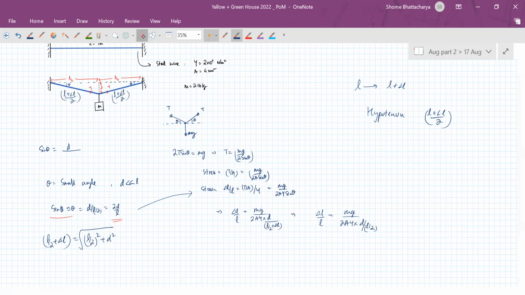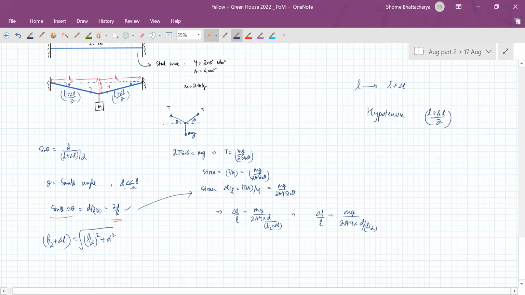More or less, it doesn't make a huge difference here. Because this is a small angle, because d is small compared to L, we are doing this approximation. The total wire has stretched in length from L to L plus delta L. So each hypotenuse in the two triangles is half of that total length.